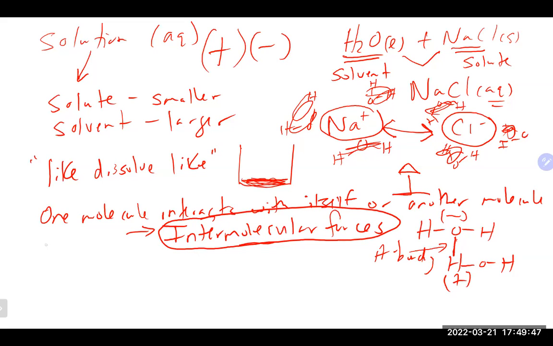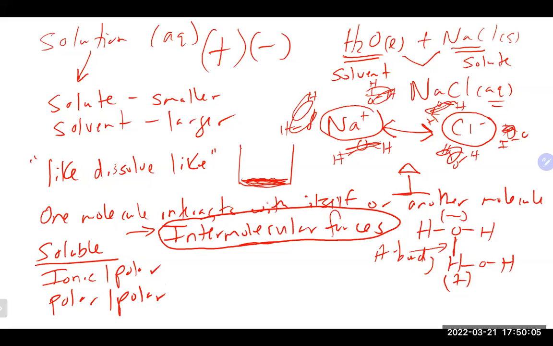So what we left on was the idea of solubility. Things are soluble in each other if they are ionic and polar, which is the interaction that occurs with salt and water. Things that are polar and polar are very soluble in each other, because they use either hydrogen bonding or dipole-dipole interaction, which are two very similar intermolecular forces.